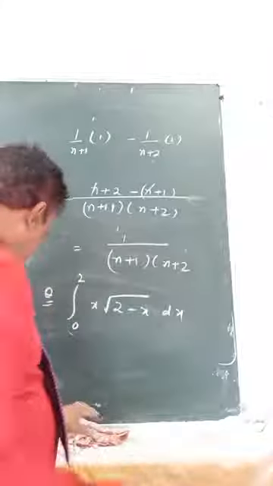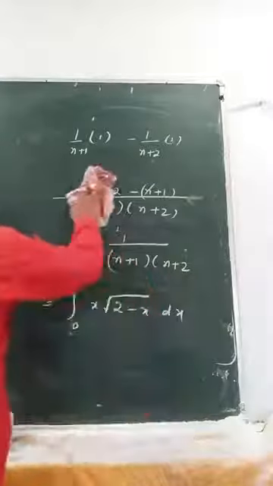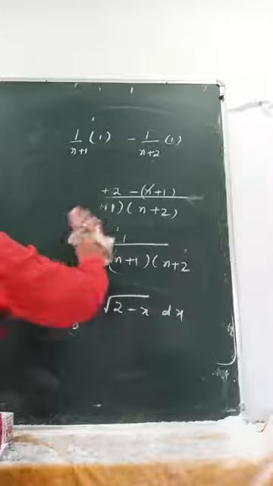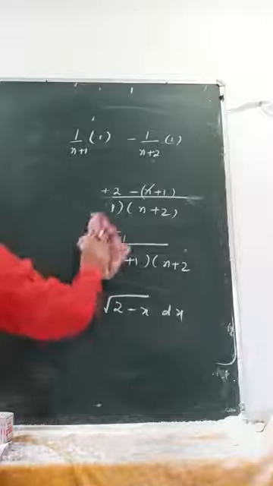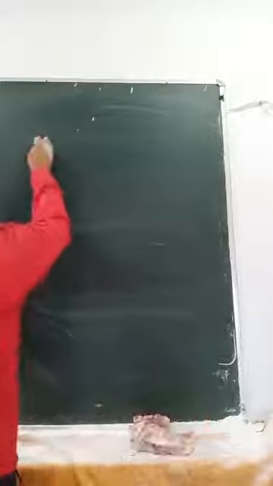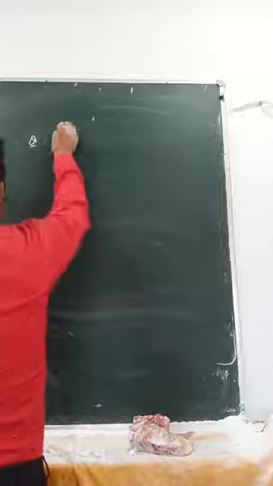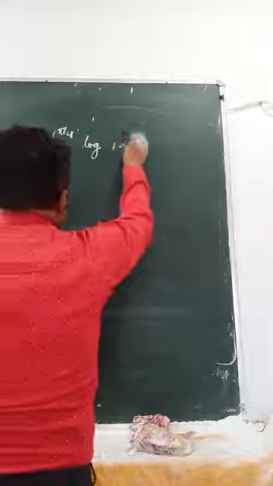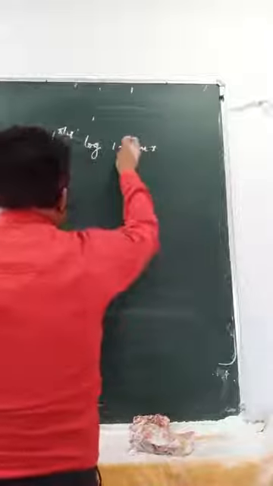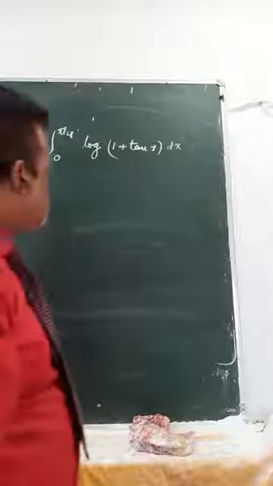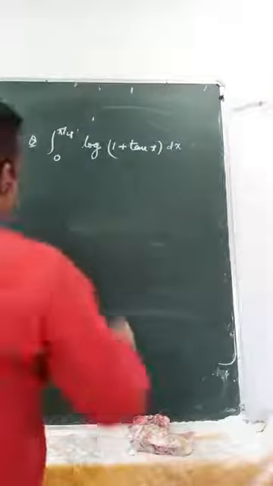What is that question again? Integral 0 to pi by 4 log 1 plus tan x. Okay, how to do? So in this case, first we use the property.